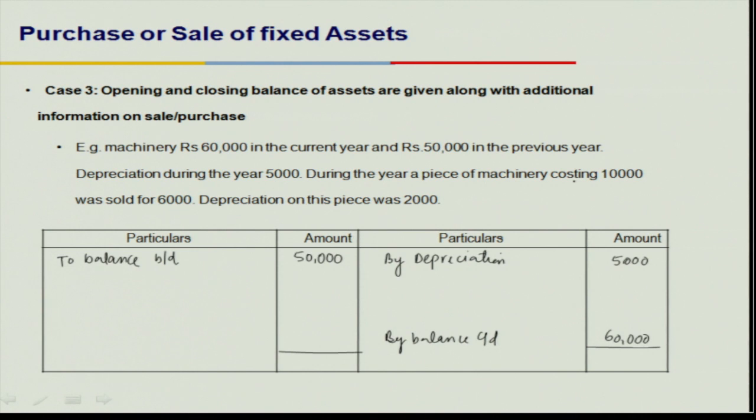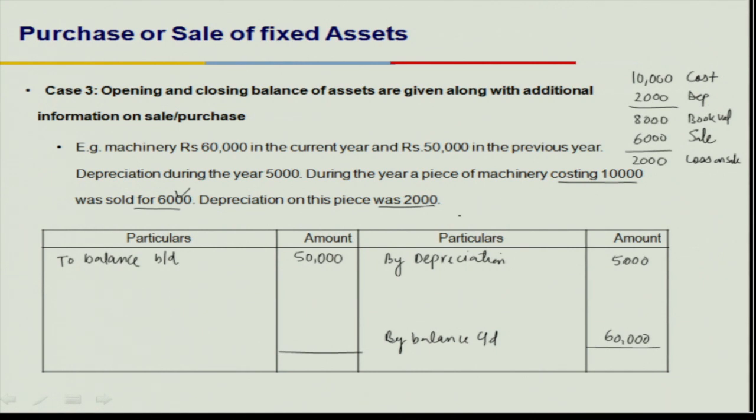You have a machinery that cost you 10,000. That was the cost, and the depreciation on this piece till date is 2,000, which means its current book value is 8,000, and it is being sold for 6,000. So sale price is 6,000, which means you are at a loss of 2,000, loss on sale.